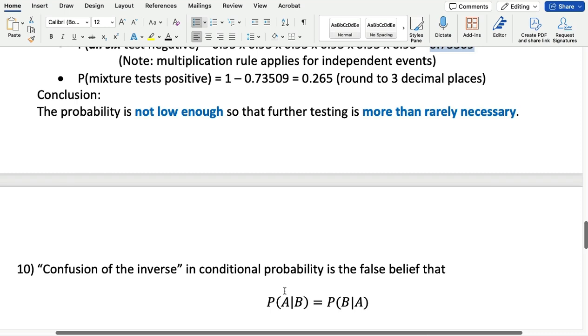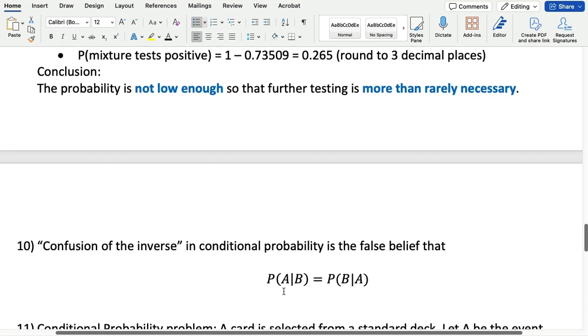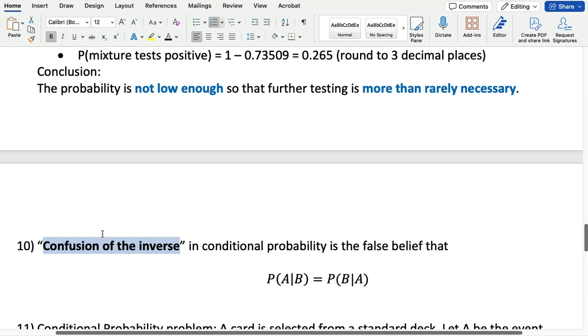And then just to point out one more fact, there's a term that we use in statistics and probability called the confusion of the inverse. The confusion of the inverse in conditional probability is the false belief that the probability of A given that B has already occurred is the same thing as the probability of B given that A has already occurred.